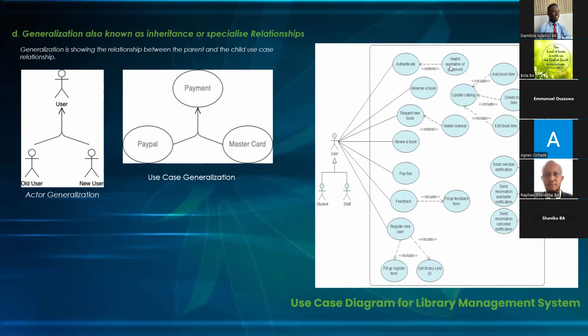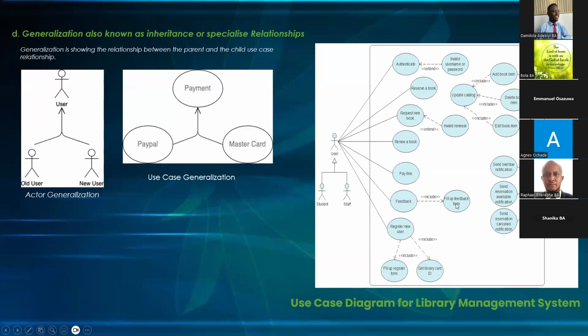You see the arrow? Because the system fails to authenticate you, there's an error that is displayed here. So it becomes an extend. You see where the arrow is. So let's look at this. User gives feedback.